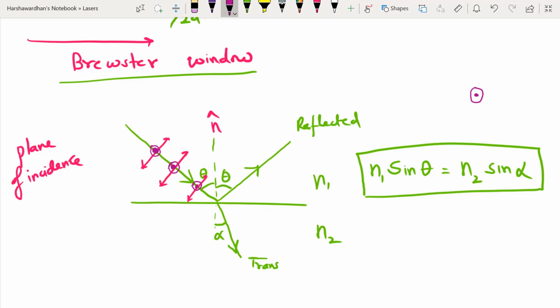We call the polarization which is contained within the plane of incidence pi polarized, and the polarization which is perpendicular to the plane of incidence sigma polarized, right? These are the two linear polarizations which are possible. And so you see that the amount of pi and sigma polarization content in the reflected and transmitted rays are different.